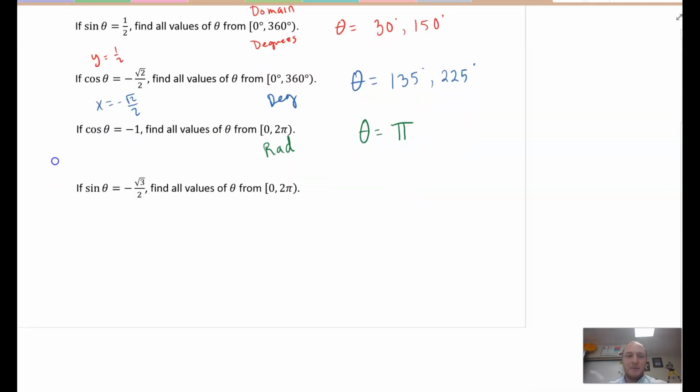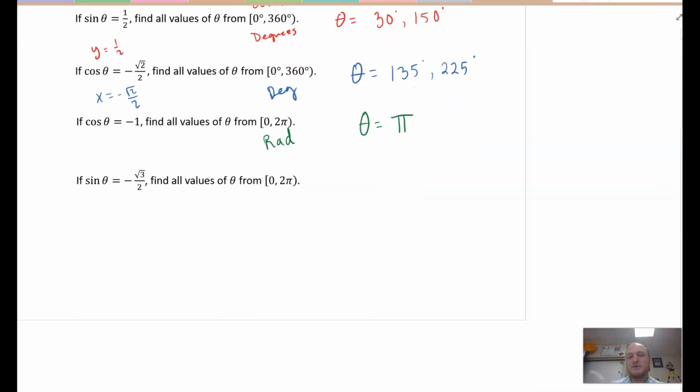Next, if sine of theta is equal to negative √3/2, find all values of theta from, and again, this symbol right here, I don't know if I talked about this, this is theta. Theta, you gotta get a good lisp going. It's from 0 to 2 pi. So where's my y value? Negative √3/2.